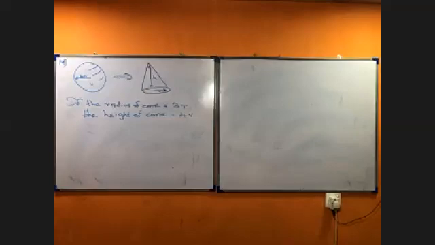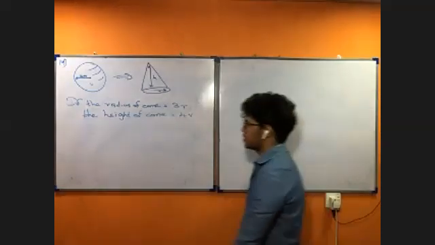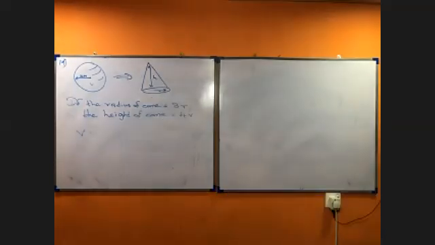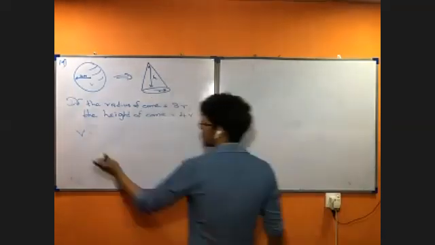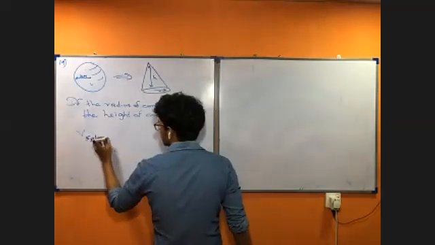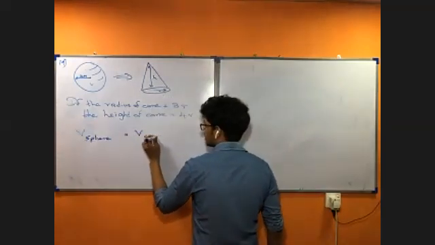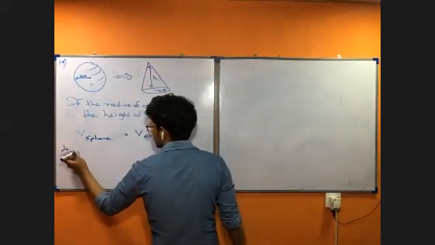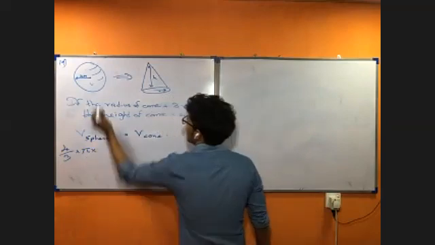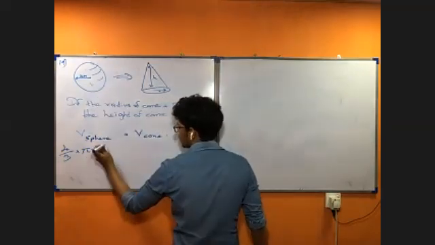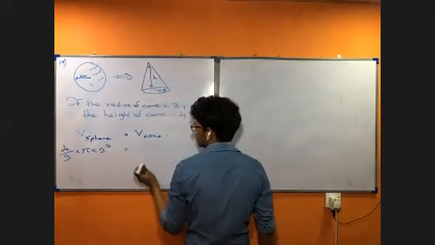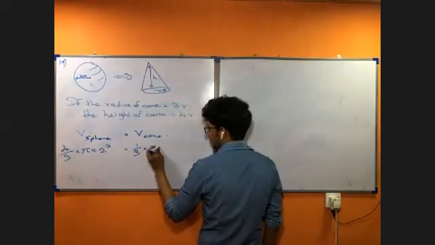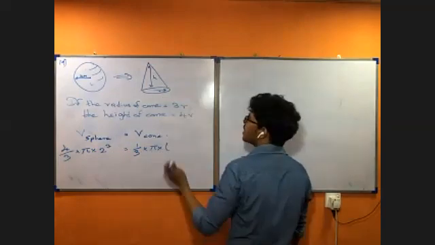So now they're telling the volumes are equal. So the volume of sphere is equal to volume of cone. Volume of sphere is 4/3 pi r cubed, with r as 2, 2 cubed, equal to volume of the cone, 1/3 pi r squared h.